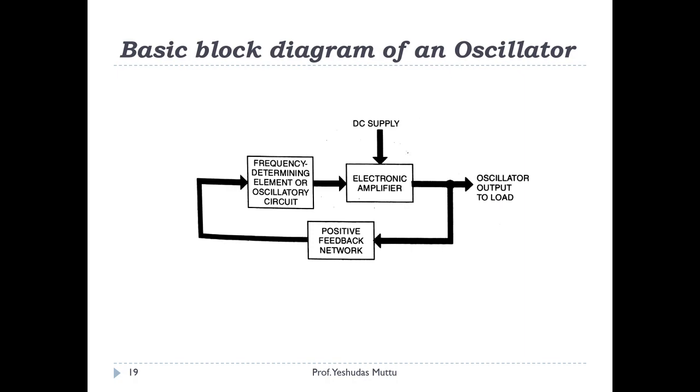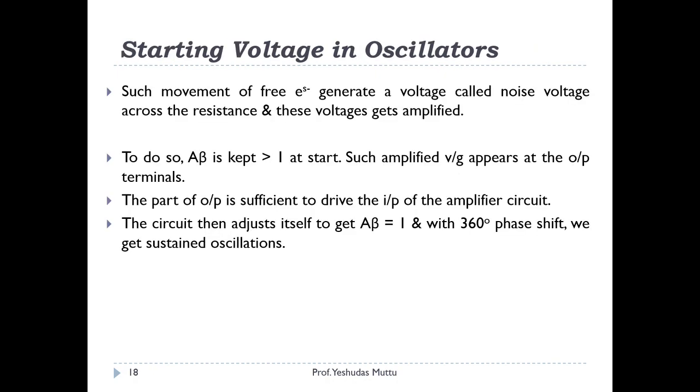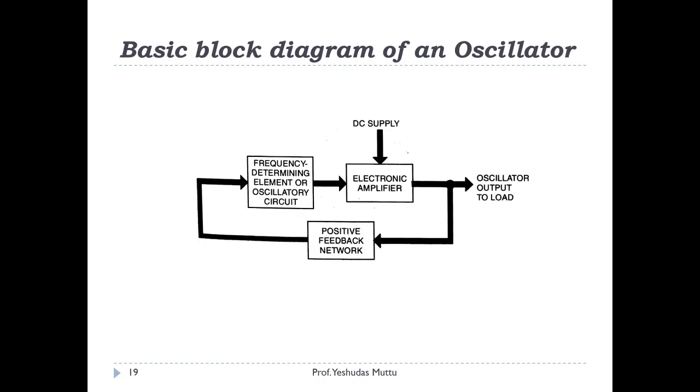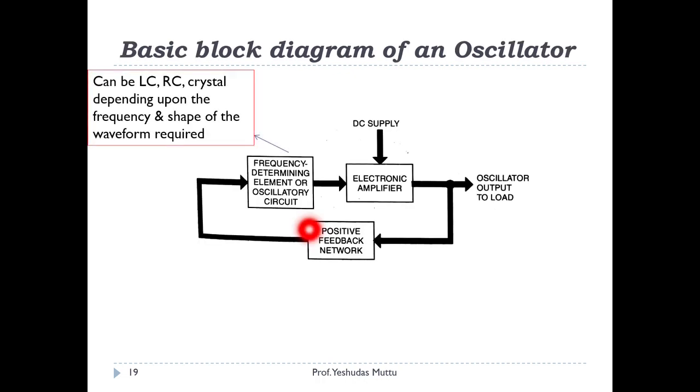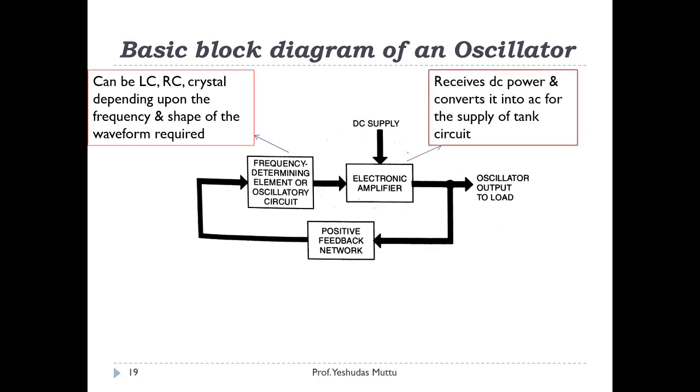Let us now understand the summarized block diagram from all the concepts we have studied. First you have the oscillator circuit, which can be LC, RC or crystal depending upon what frequencies you want. Second, the amplifier, where DC power gets converted to AC.